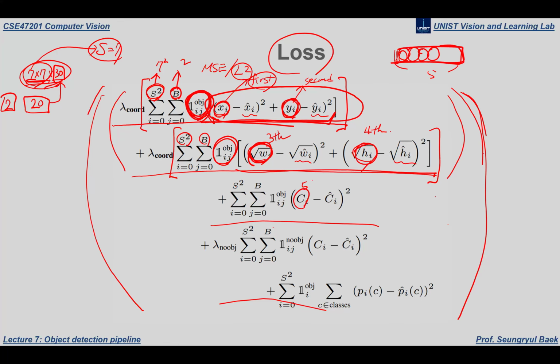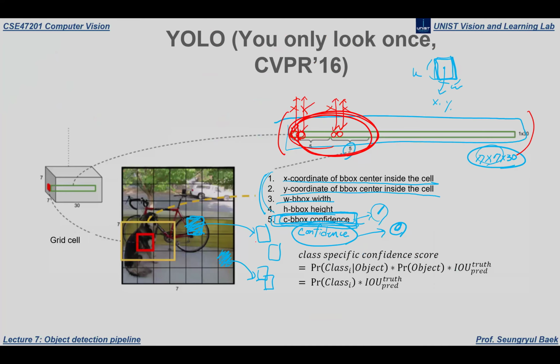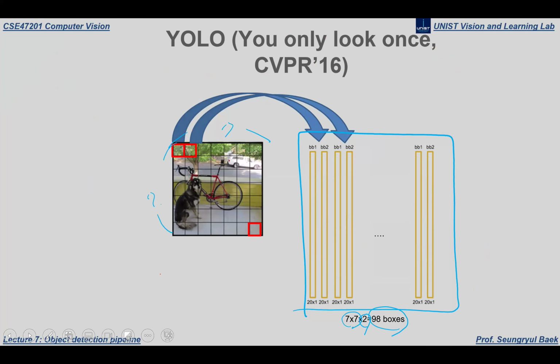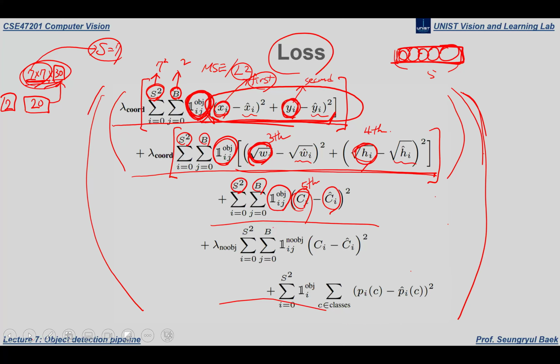And this is the confidence value, which is the last piece of information, which I denoted here, right? That is also supervised with the confidence ground truth. As I told you, for all the grid cells and all the bounding box estimations, if that grid has an object, we will push that confidence close to 1. Are you understanding this?